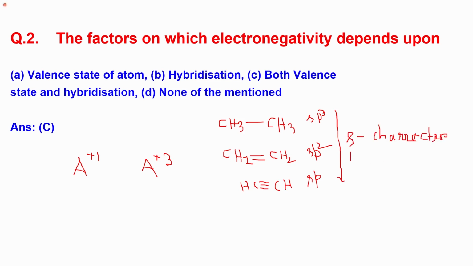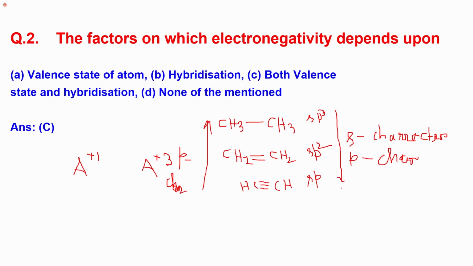S character is increasing and P character is decreasing. So P character is increasing from bottom to top, and top to bottom the S character is increasing.